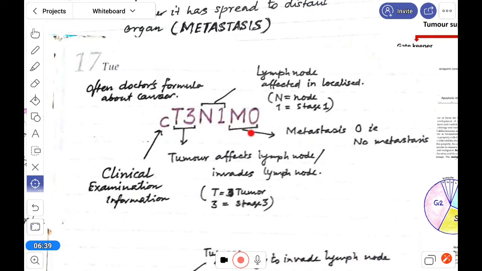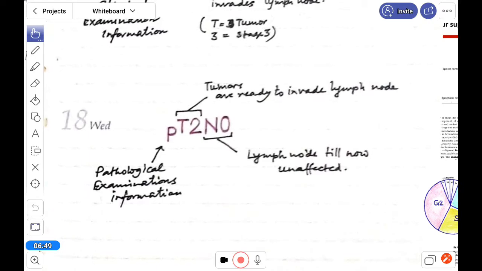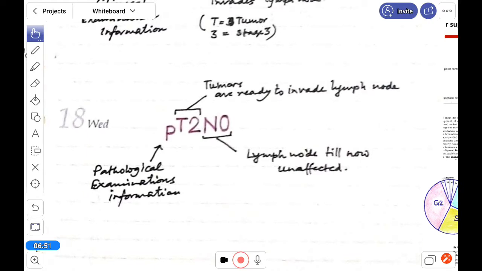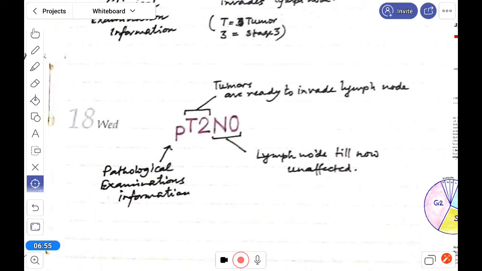And M0 means no metastasis. In this type of formula it is used. In the pathological case, if it is written like this, when the lymph node is 0, metastasis need not be written.